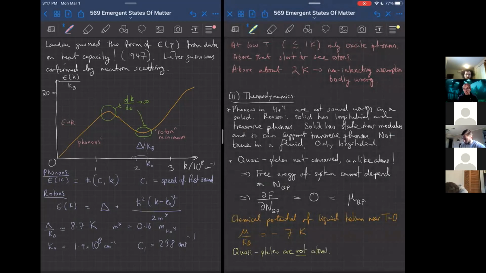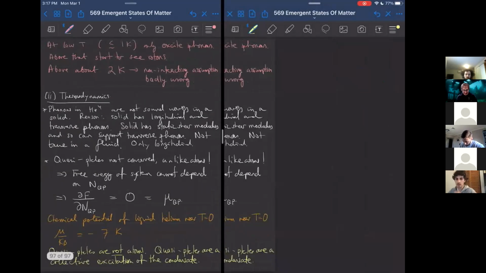And in general, as you'll see when we construct the quasi-particles using quantum field theory, quasi-particles are some kind of collective excitation of the condensate. And we're going to see that explicitly when we get there.